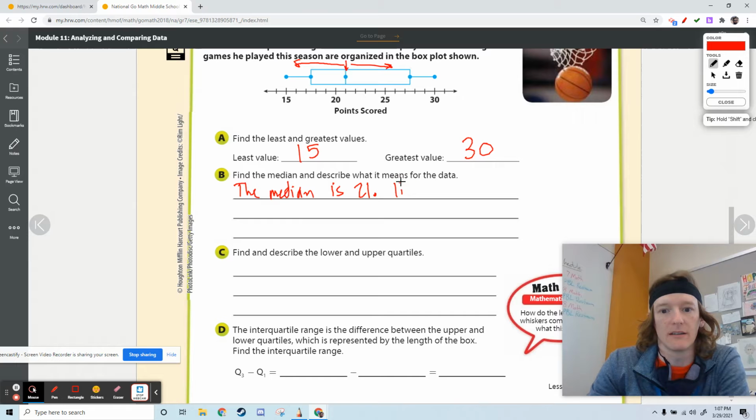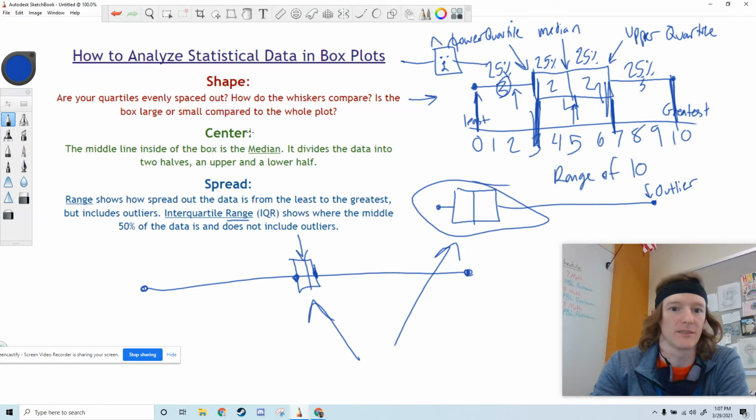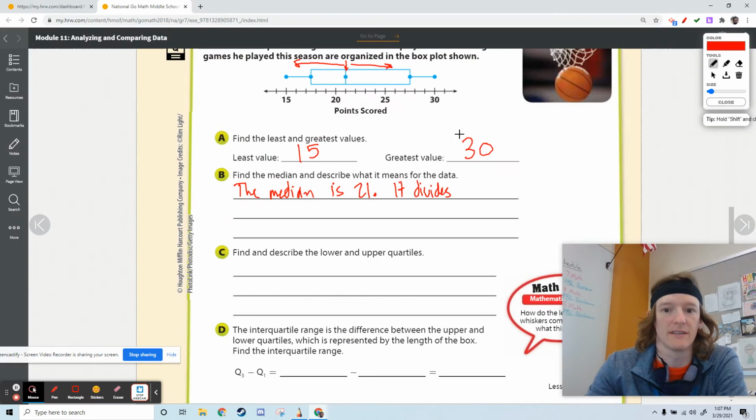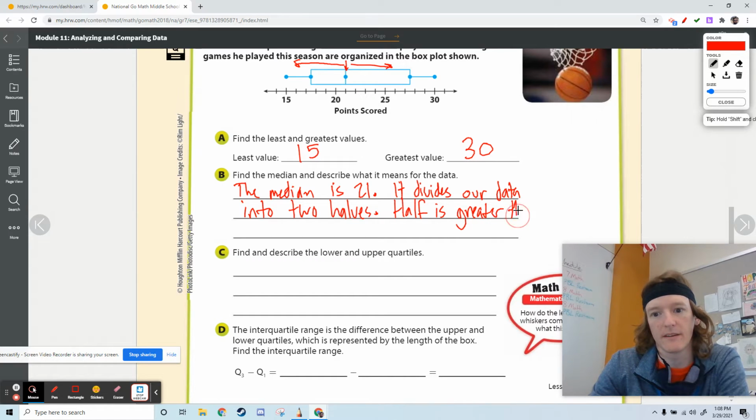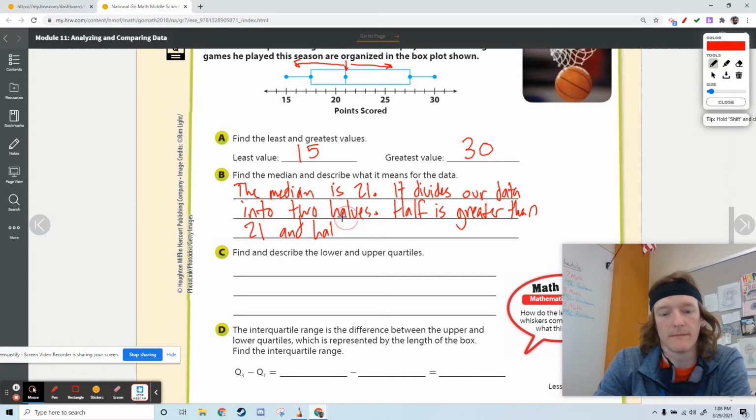It divides our data into two halves. Half is greater than 21 and half is lower.